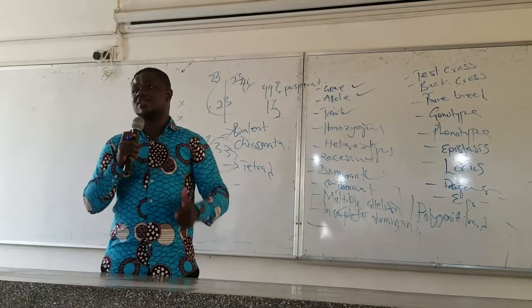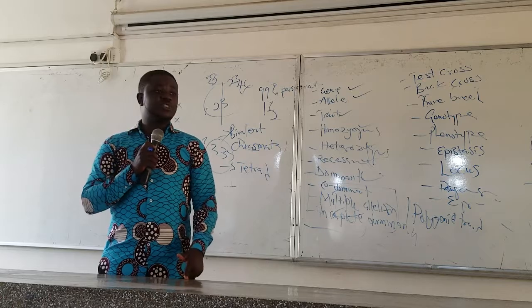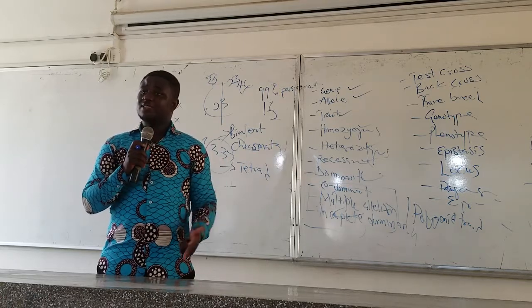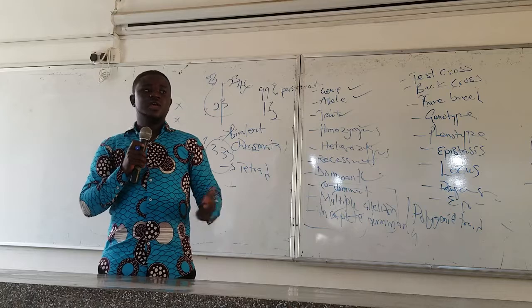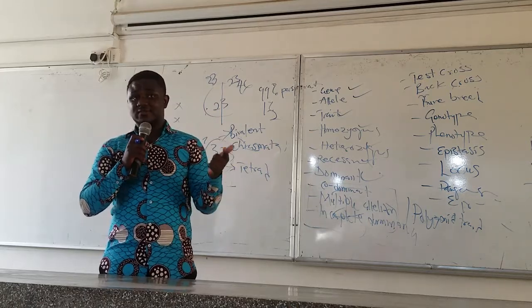Assuming white is dominant, what would your offspring be? White. It will be all white, because white is dominant over red. If red is dominant, then they will all be red. That's the law of dominance and recessiveness.